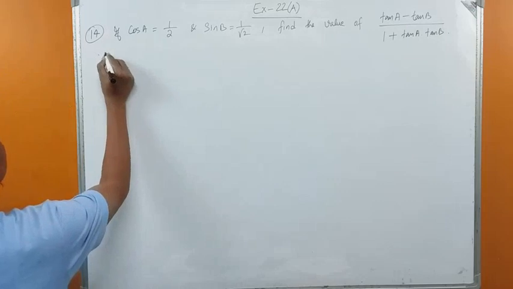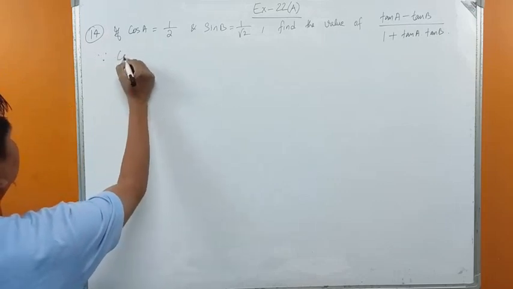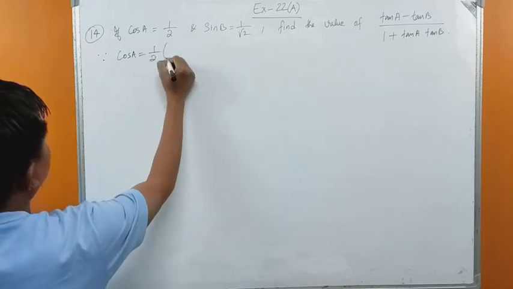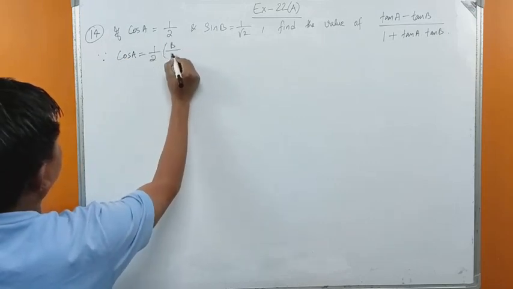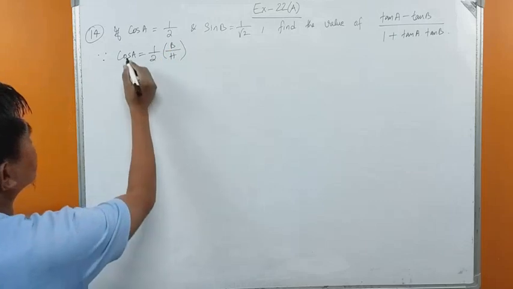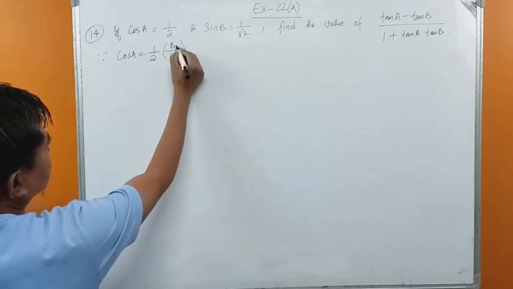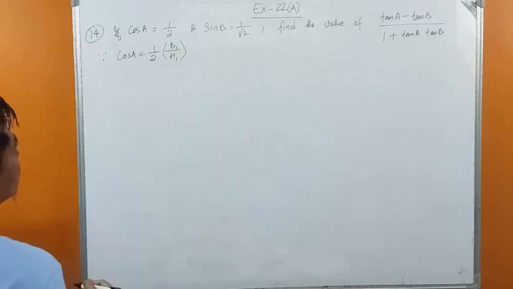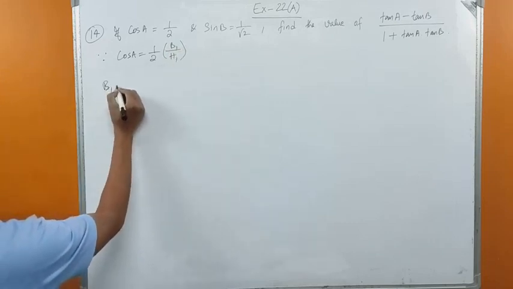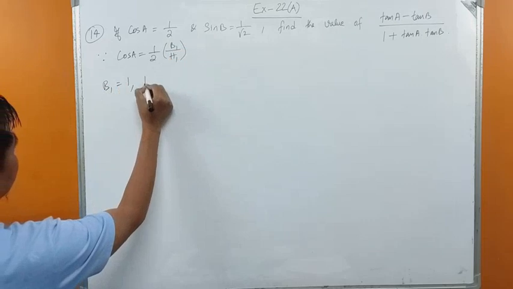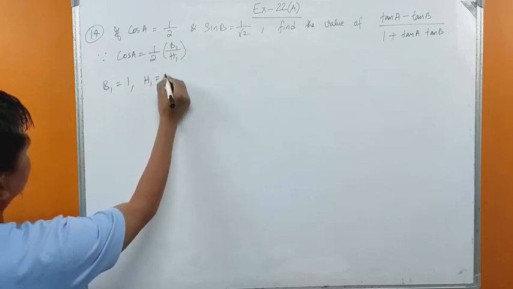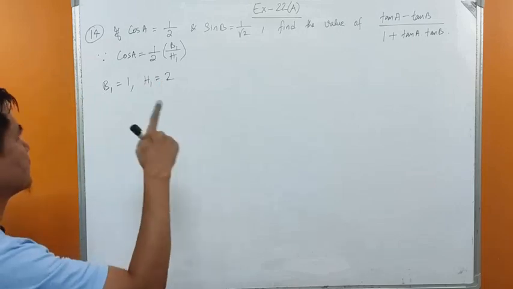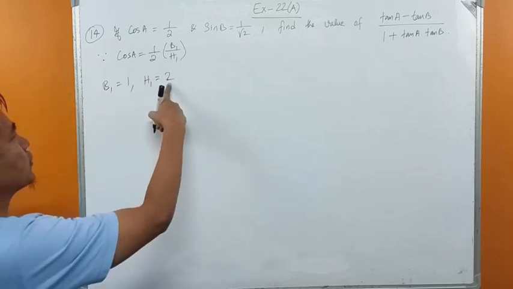First case, since cos A equals 1 upon 2, base upon hypotenuse, for the first right angle triangle let us represent B1 and H1. Base B1 is 1, hypotenuse H1 is 2.